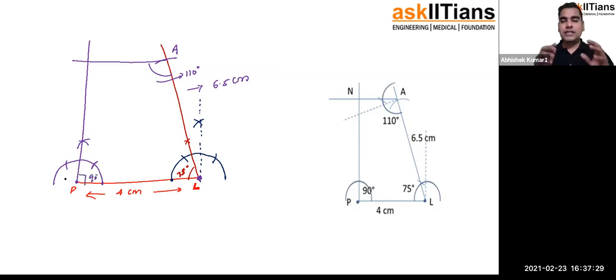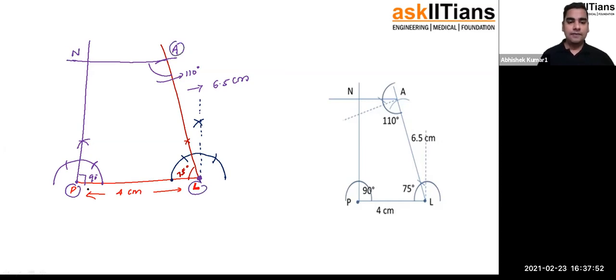Now these two rays that we have, one of the rays drawn from point P and the other ray drawn from point A, they both are going to cut each other at one point, and the name of that point is going to be N. So we finally got our quadrilateral, which is PLAN.